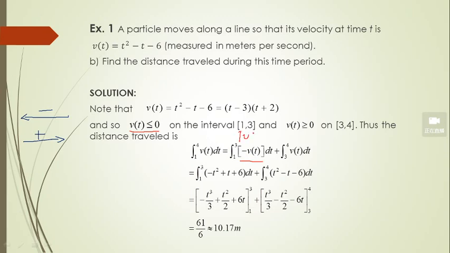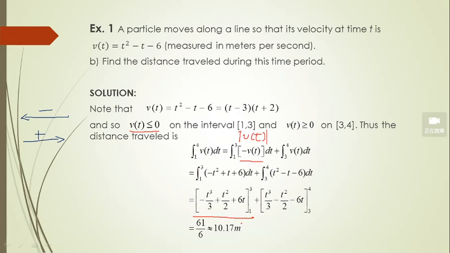But from 3 seconds to 4 seconds, we don't need to worry about this part. And this part you solved should be a positive number. It's the distance we traveled here.